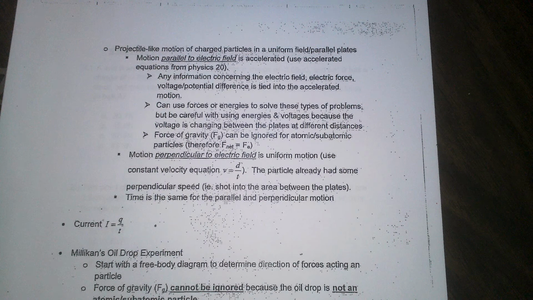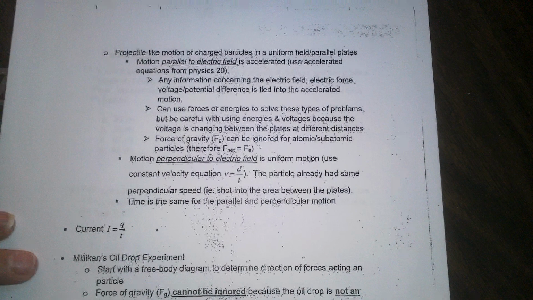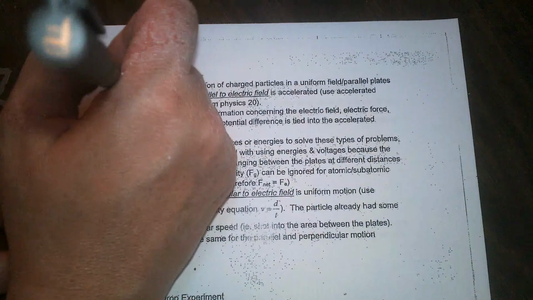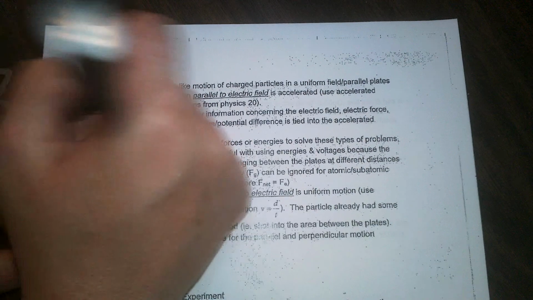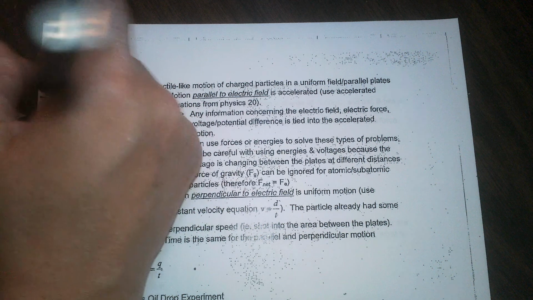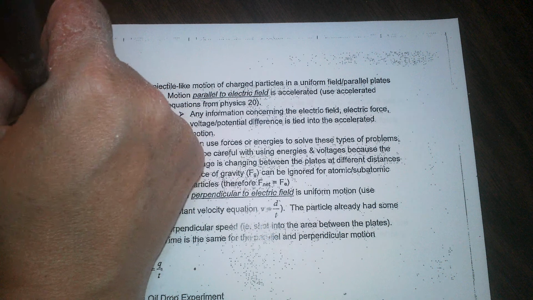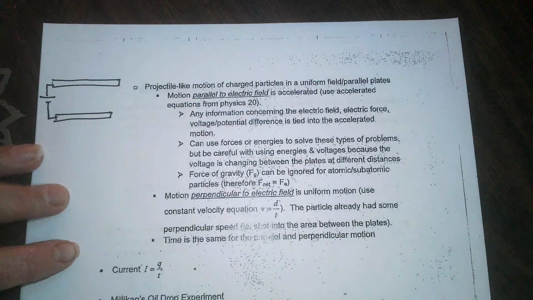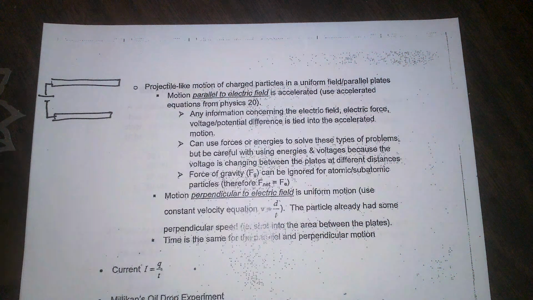Projectile-like motion of charged particles in uniform parallel plates. If you're parallel to the electric field, so if this is my electric field here, what are my plates? Which one's my positive? Which one's my negative?